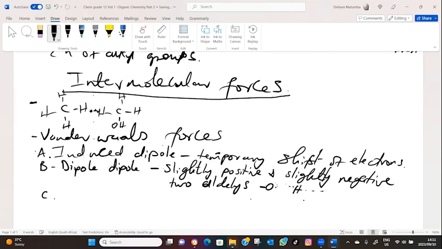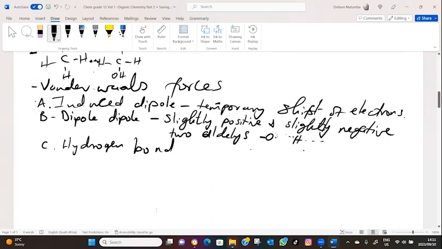So under C, we have lastly hydrogen bonds. So now with hydrogen bonds, this is the bond between hydrogen and the hydroxyl group.